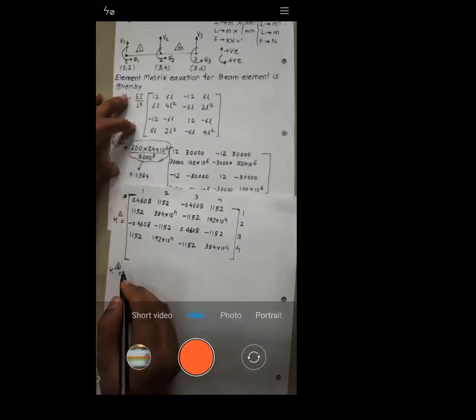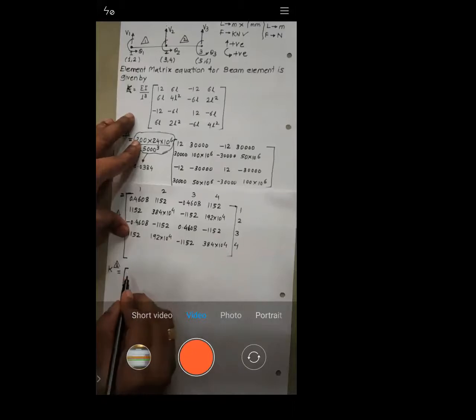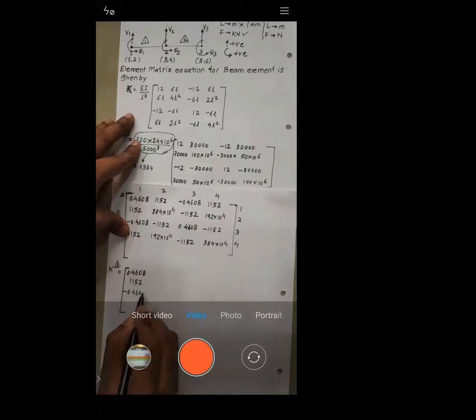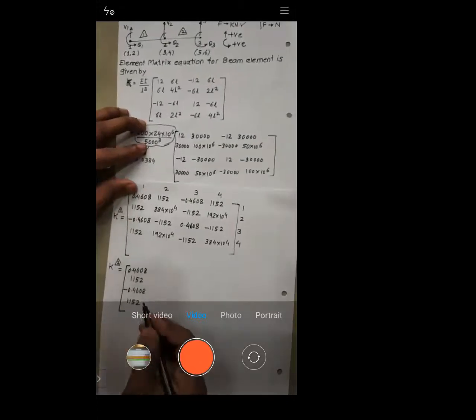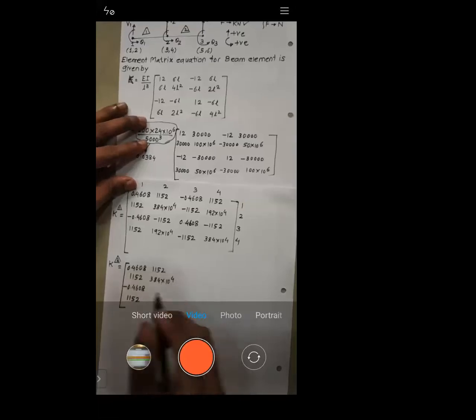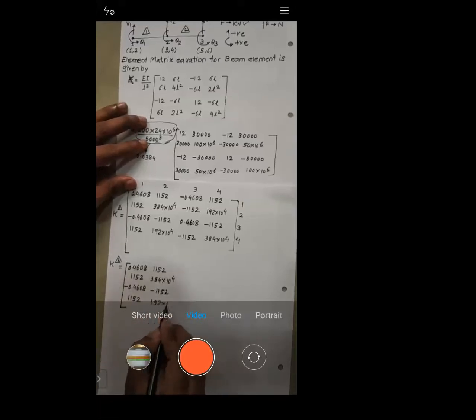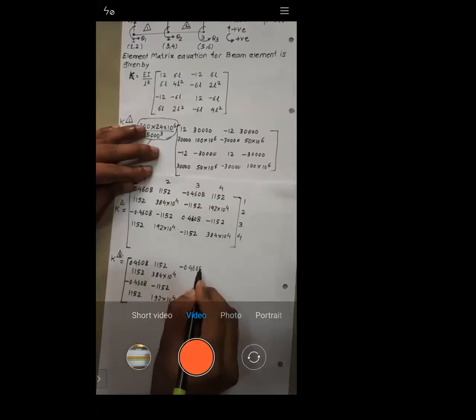So instead of solving it again, I will just write down this matrix again. I'll write down 0.4608, 1152, minus 0.4608, again here 1152. So here again 1152, 384 into 10 to the power 4, minus 1152, 192 into 10 to the power 4, then minus 0.4608.